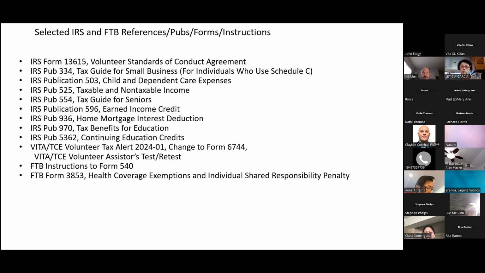Certify. Oh, I was going to make one correction. I think at the St. Killian site, correct me if I'm wrong, Sean, even if you're not certified at the basic level, you can still volunteer at the site. There's many things that you can do in addition to just preparing taxes, and we need people. If anybody is at least volunteer standards of conduct certified, we will find a job for them.